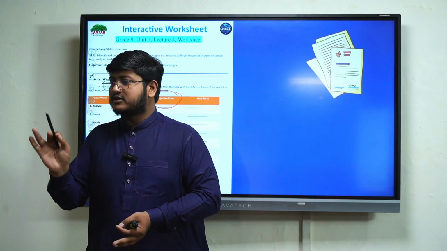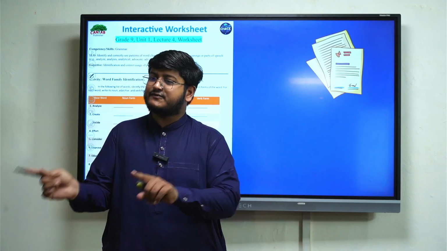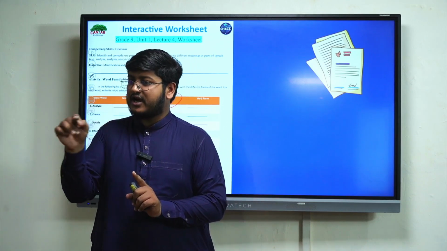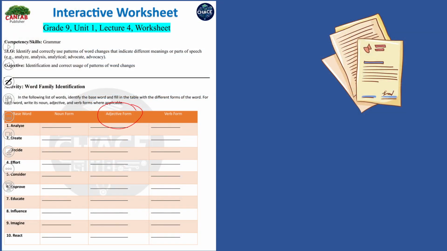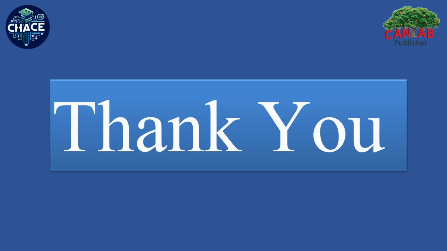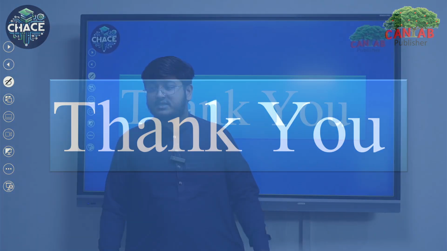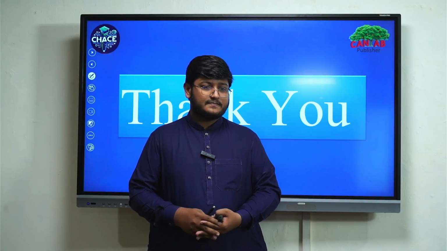Is that clear? So the simplest rule to transform a word from adjective to adverb is that you just have to add ly. Is that clear? So students, this is the worksheet which you have to complete, and you can use a dictionary while completing this worksheet. So students, if you have any question, you can ask.